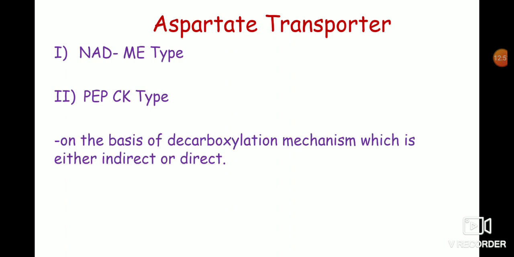Then the aspartate transporters, these plants are again categorized into two types. They are NAD-ME type and PEP-CK type, on the basis of carboxylation mechanism, which is either indirect or direct.